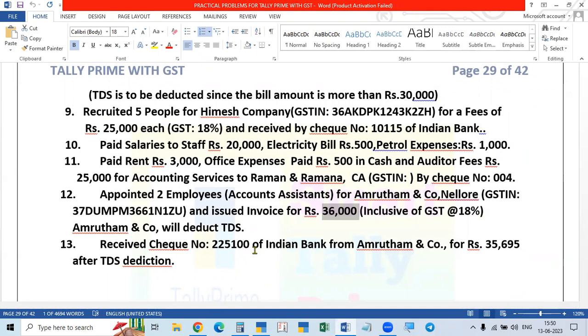We show it in the purchase and sale voucher only, not an account. The purchase account and sales account are meant only for goods. For services, we use the service account and charge the tax on the service account. For goods, in purchase and sales, we give the rate in the tax item.